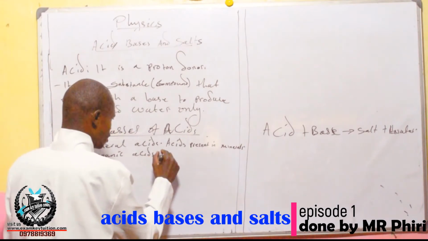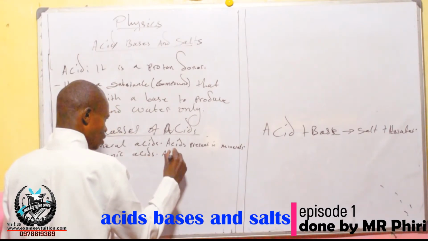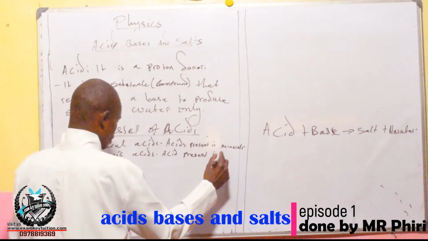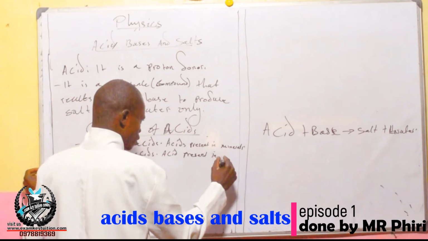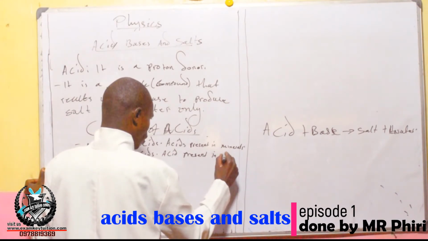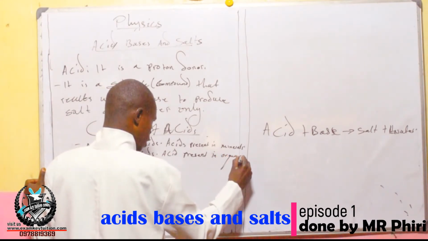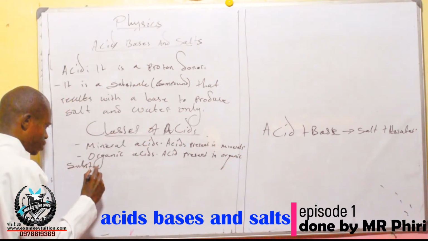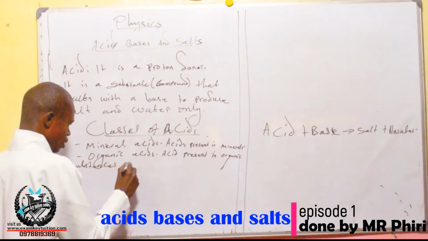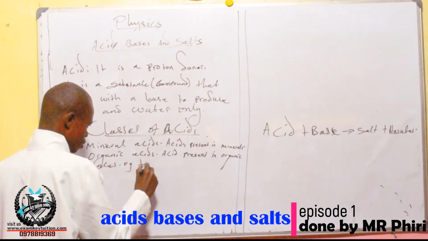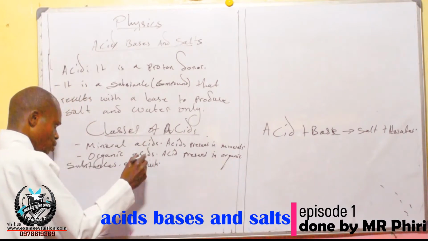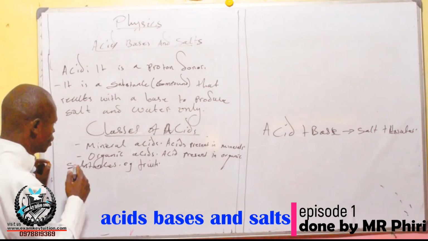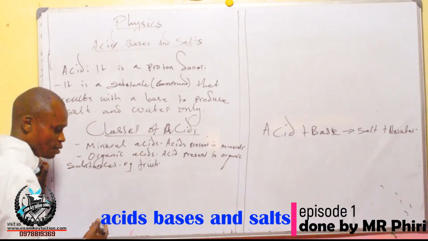Then organic acids are acids present in organic substances, e.g. fruits. So now we know what mineral acids and organic acids are.